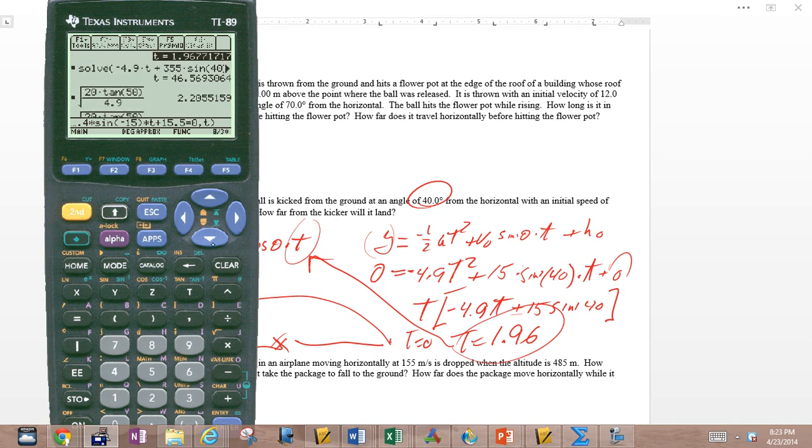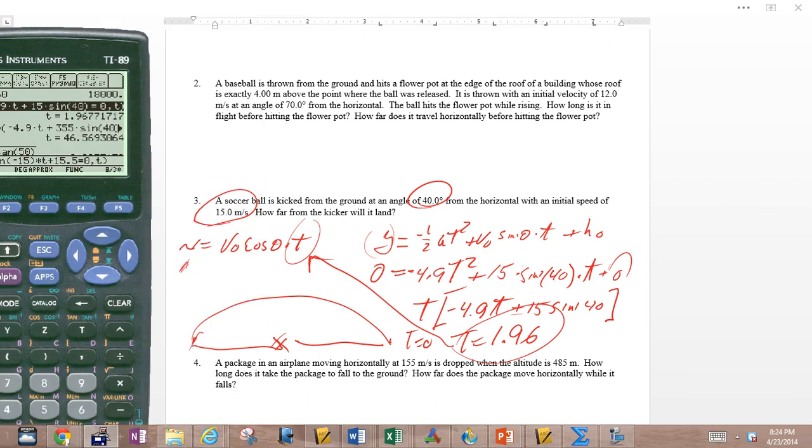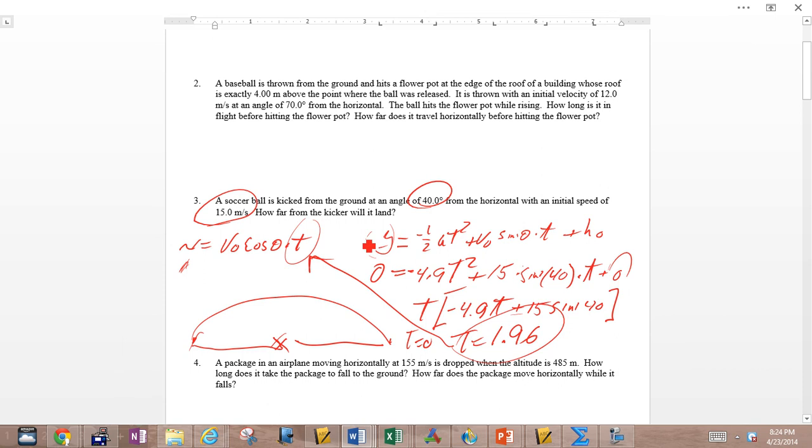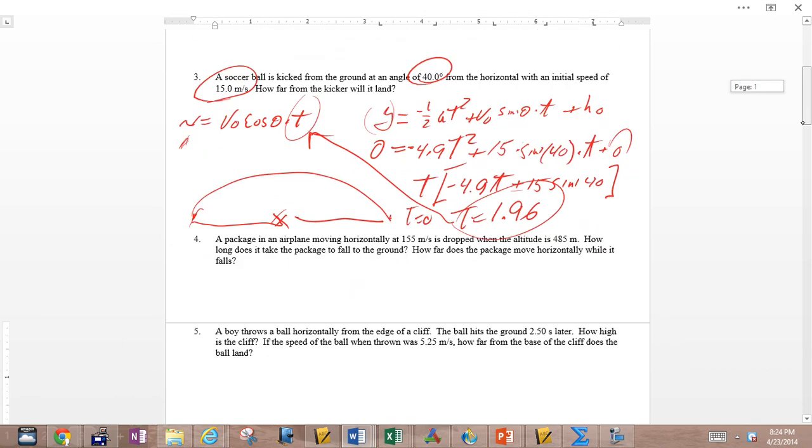I solved this equation on the calculator: solve negative 4.9 t plus 15 sine of 40 equals 0. That gives me a t value of 1.96 seconds. Then I can throw that value, 1.96 seconds, back in here and find the distance that is traveled.